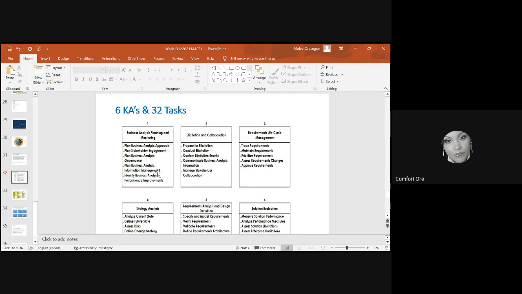So within the business analysis, planning, and monitoring, that's where, like the name suggests, you're planning, you're doing stakeholder engagement. So basically, everything that you're doing is planning. The stakeholder engagement will be the SMEs that will be involved.